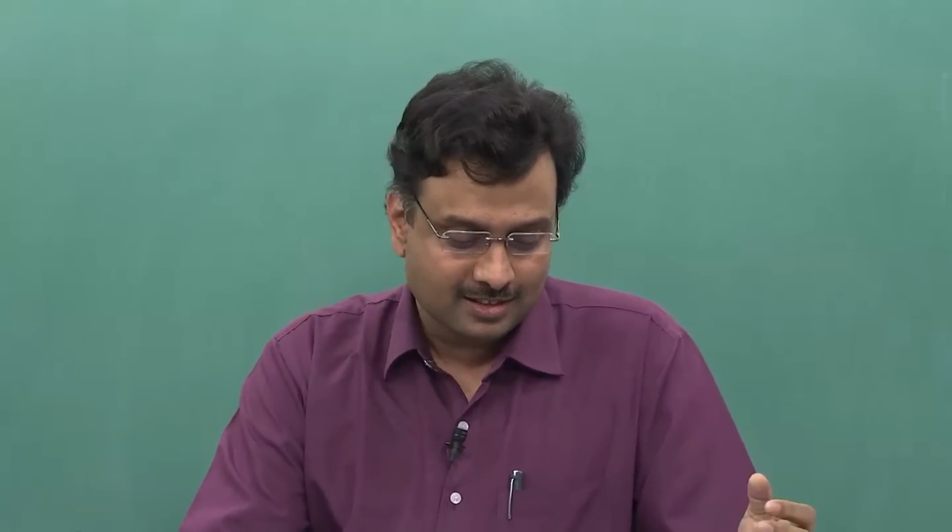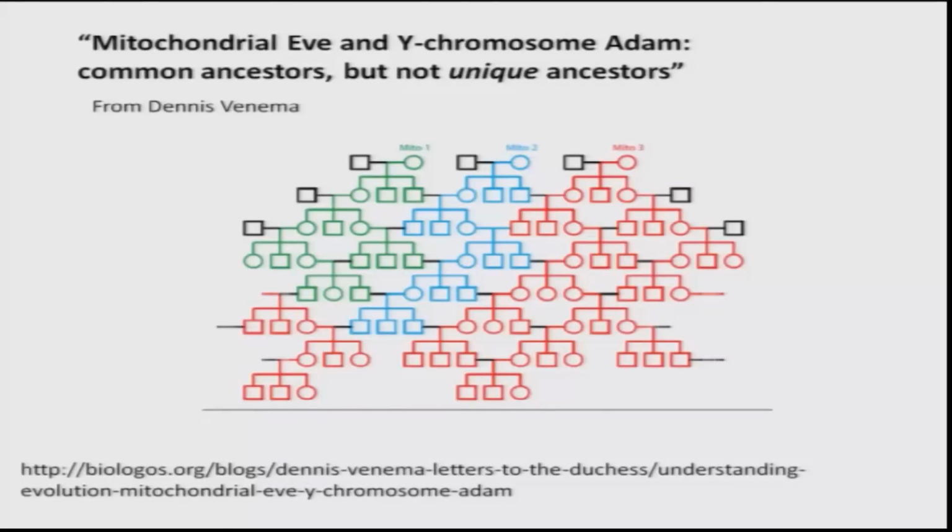So this is something which I really recommend all of you to go to this particular blog written by Denise Venema. She has written a beautiful blog on how the DNA sequence of Y chromosomes and X chromosomes can be used to analyze and understand how we evolved.